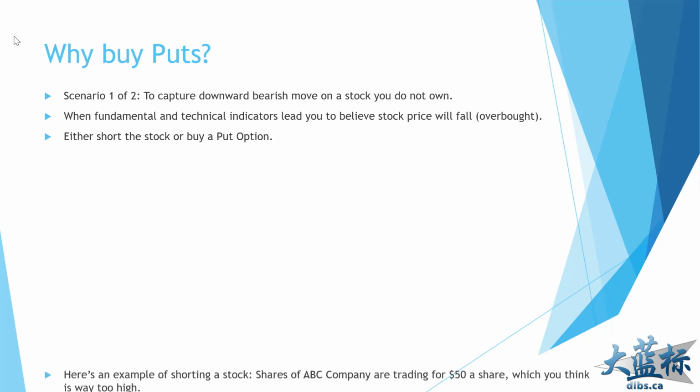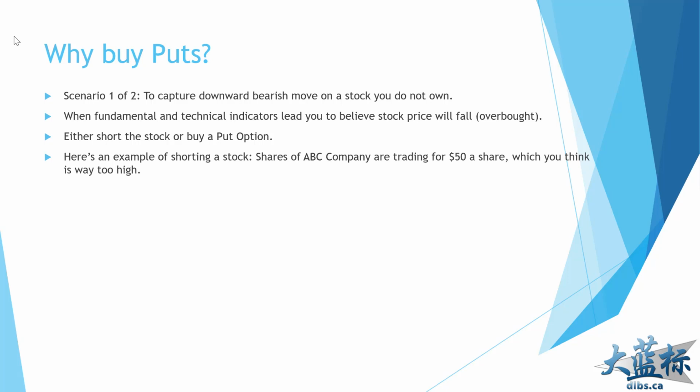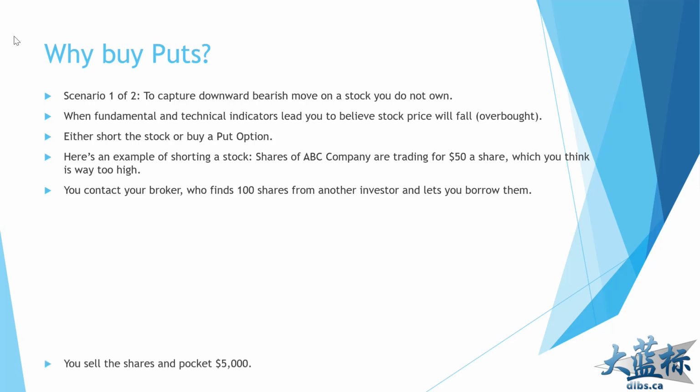And let's just look at an example of what if you did not use this option strategy, but rather you just traditionally used the shorting a stock type of scenario. Shares of an ABC company are trading at $50 a share, and you think that is too high. So you contact your broker who finds somebody else that has 100 shares and will let you borrow them for a fee.